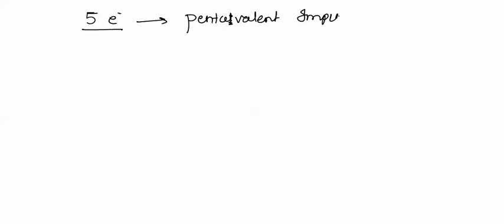Now, in the formation of n-type semiconductor, we have added an impurity with 5 valence electrons. This impurity is called pentavalent impurity or donor type impurity.